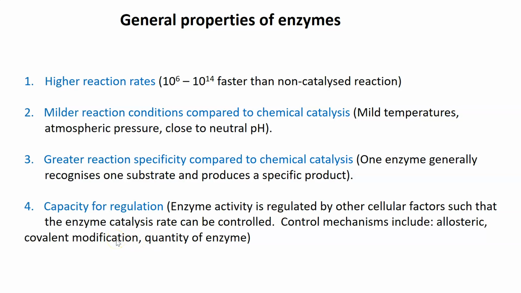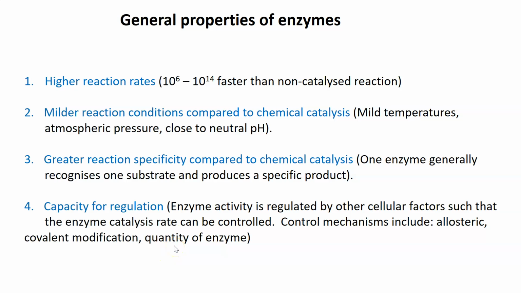A common way is through a negative feedback loop. The actual product that the enzyme makes, if there are sufficient amounts of it, can bind back and inhibit the enzyme, telling it to stop working or to reduce its catalysis.